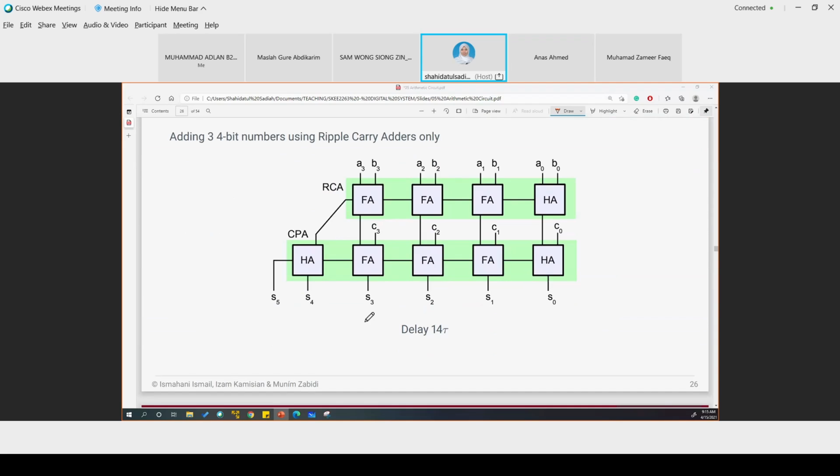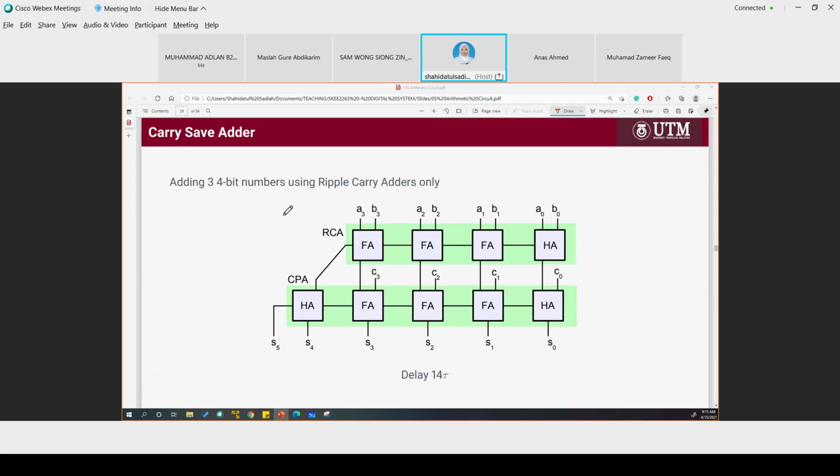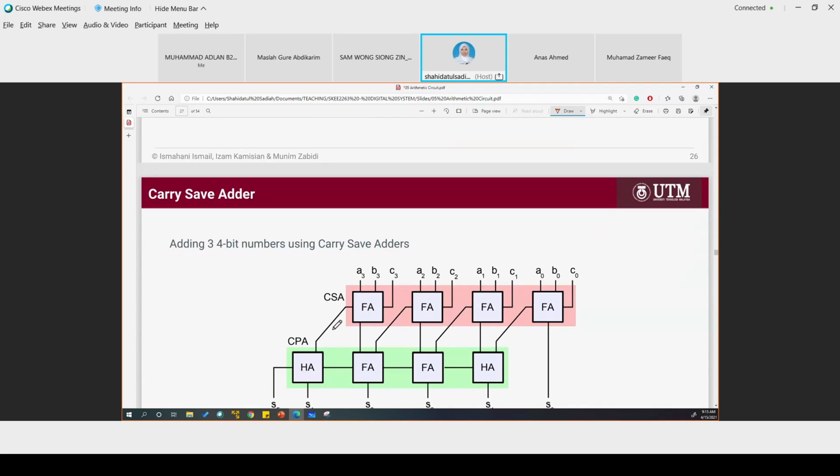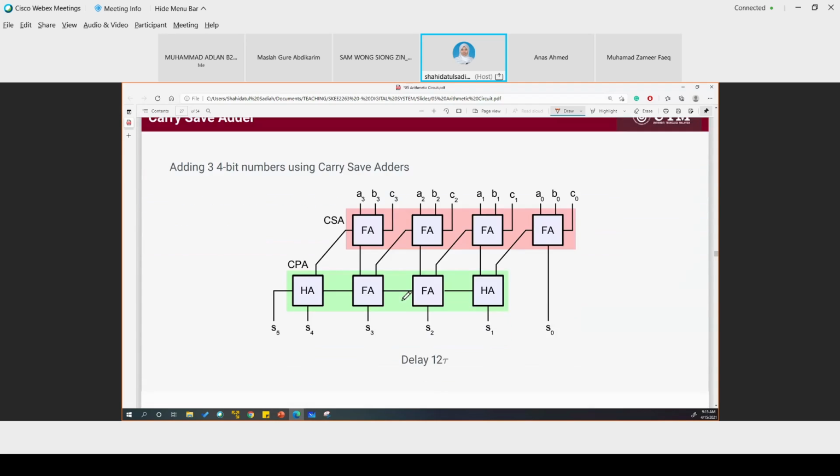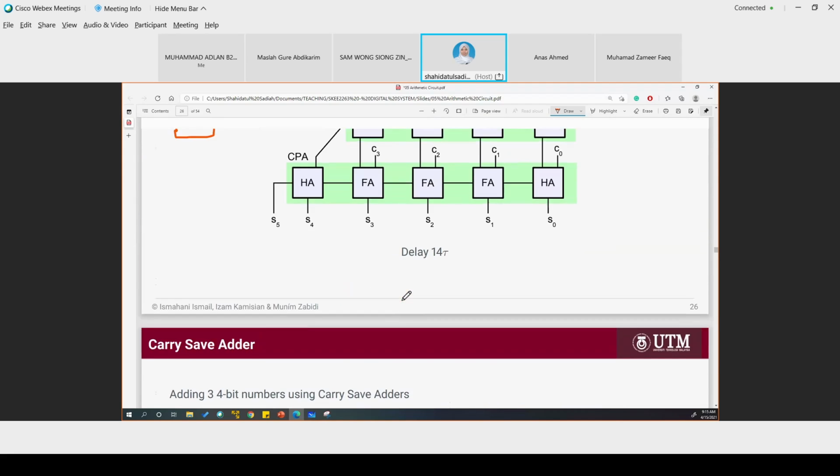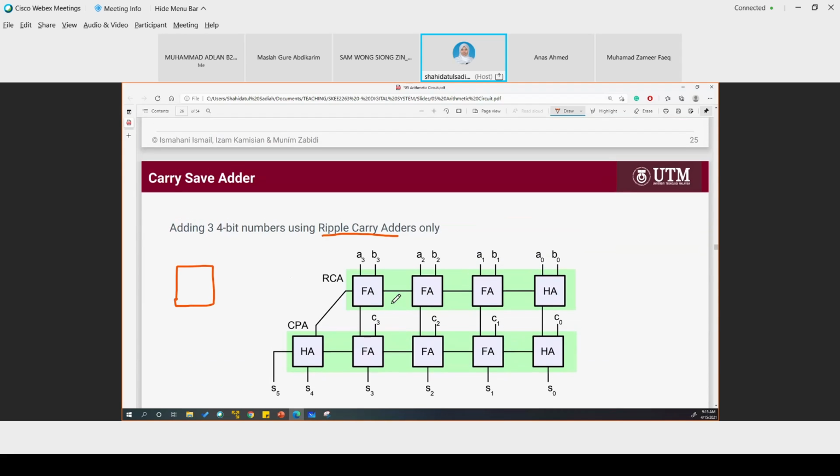Okay. Now we're going to see how to add three numbers using only a ripple carry adder. Because we want to compare adding 3 numbers using a ripple carry adder only and using the CSA. Okay. For this, we're going to see what the difference is when we are using the CSA. Right?